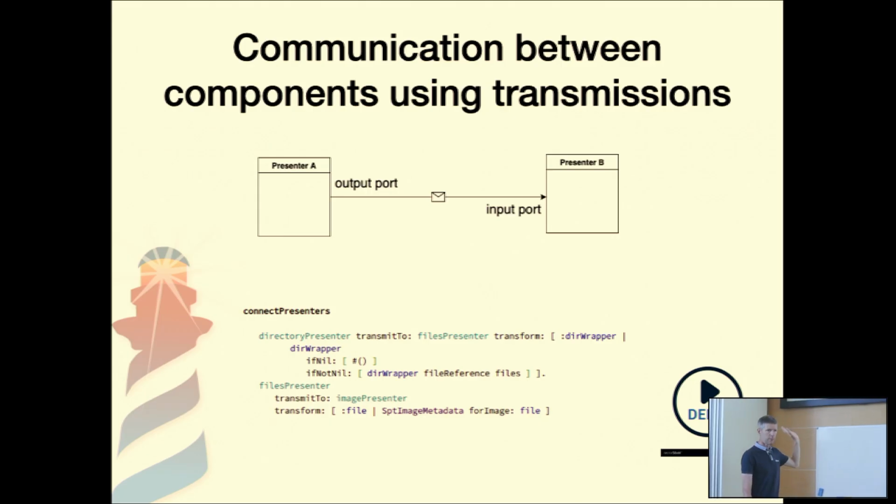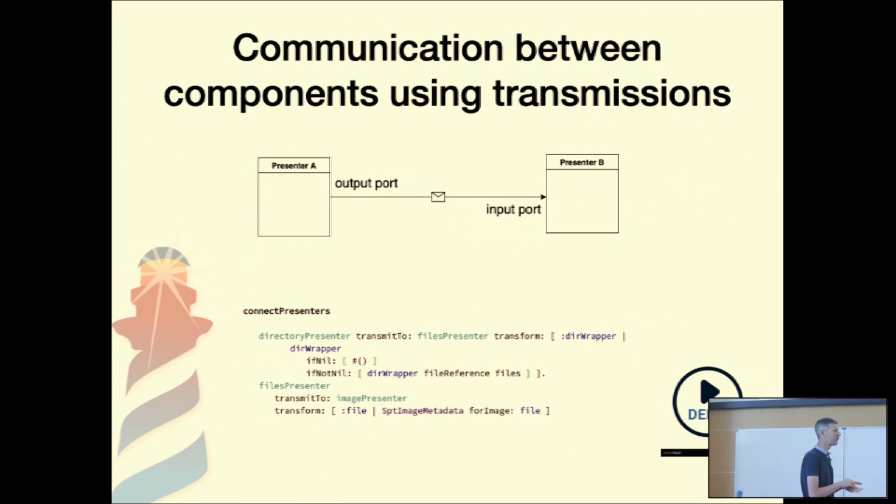So if I want to rewrite what was done on the previous slide, I can tell directory presenter, transmit your default data. So for Spec presenter with model, the default port will be the model. For my directory presenter, it will be the directory. I want to transmit to the files presenter, but not the selected object directly.